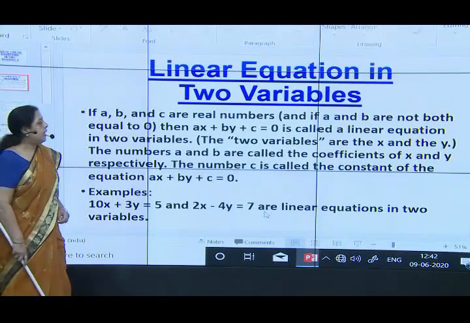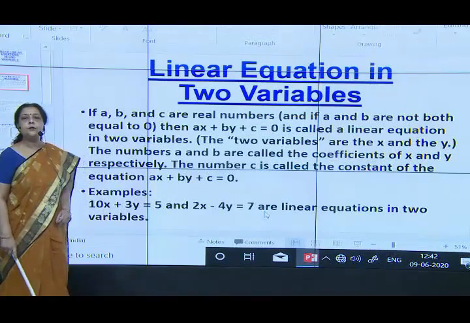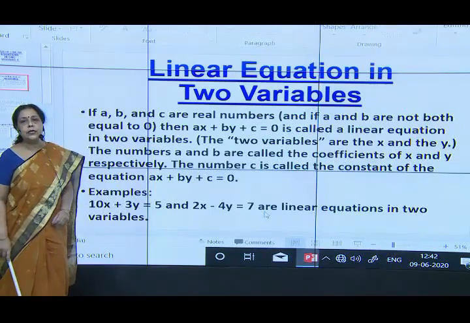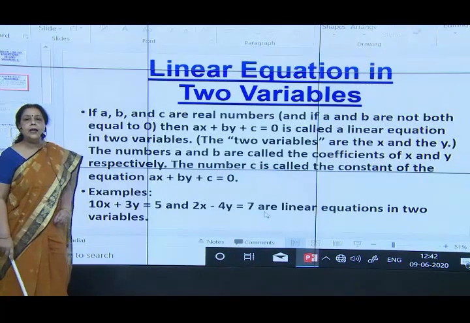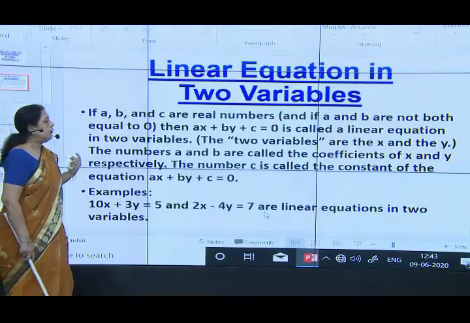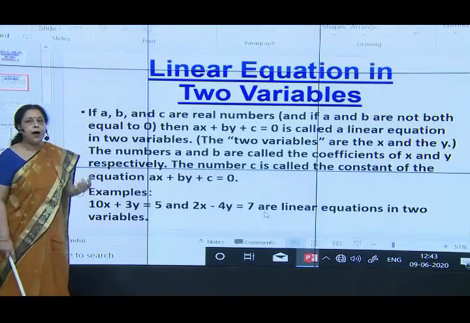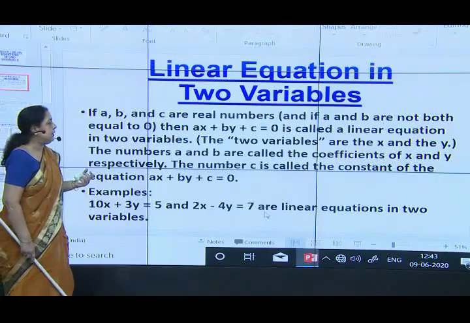Here a and b together cannot be equal to 0. a and b are also called the coefficients of x and y respectively.